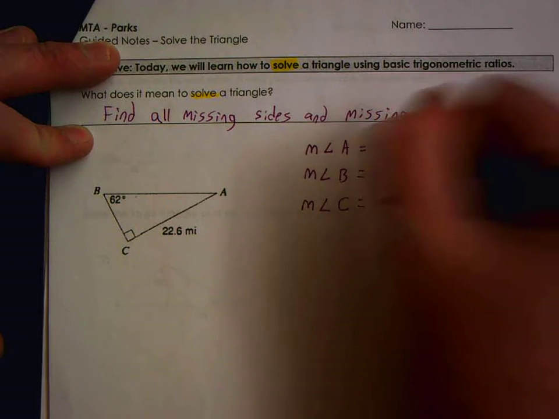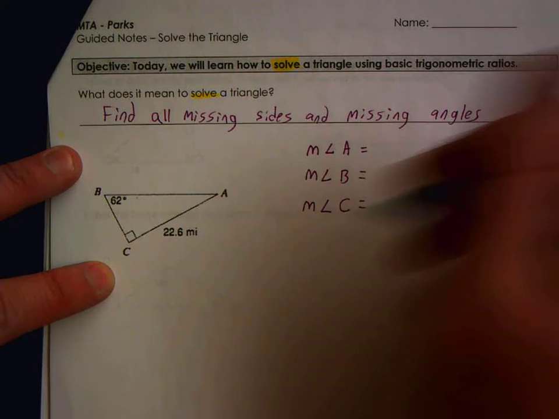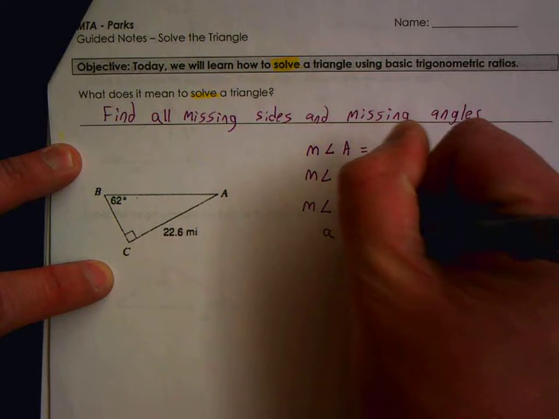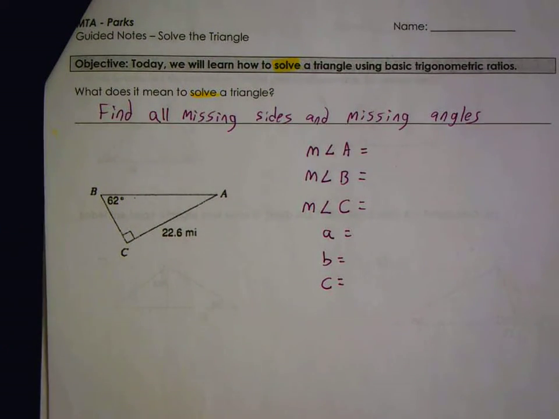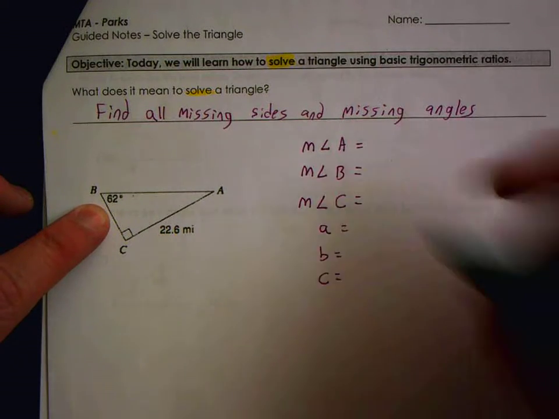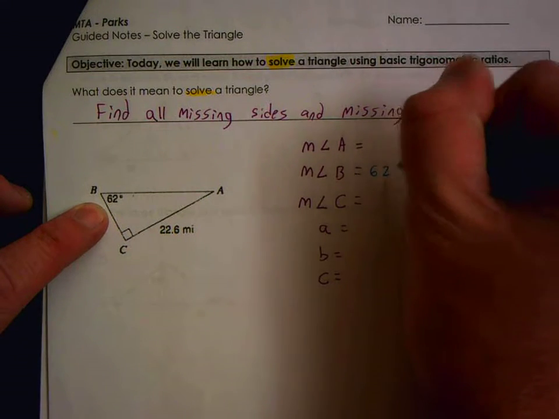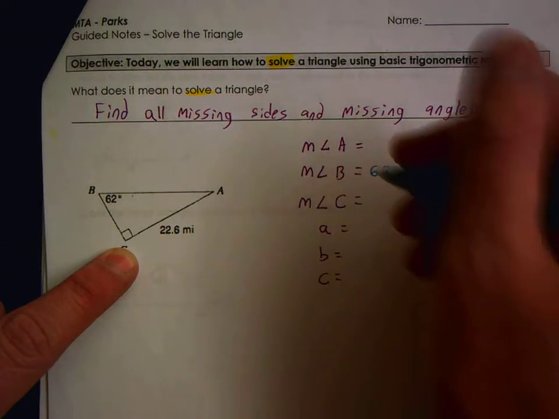Measure of angle C is what? And then what is A? What is B? And what is C? Start with what we know. We don't know the measure of angle A, though it's easy to find. We know the measure of angle B is 62 degrees. We know the measure of angle C, it has a square there, so that's 90 degrees.